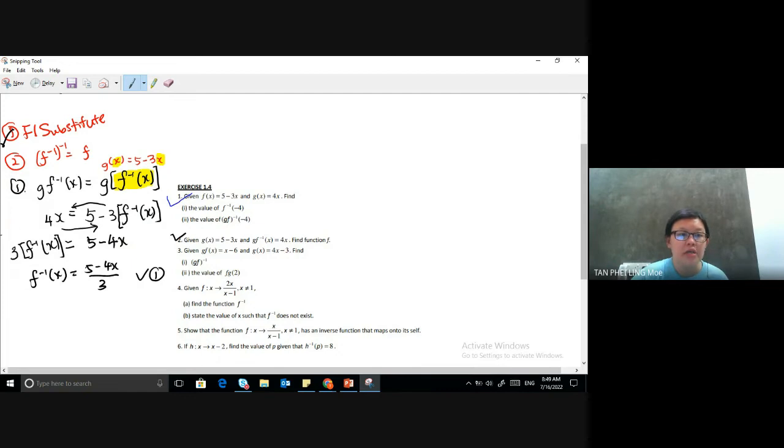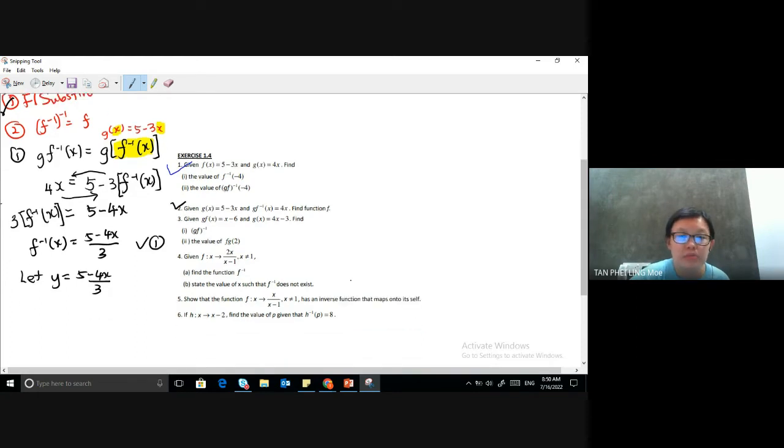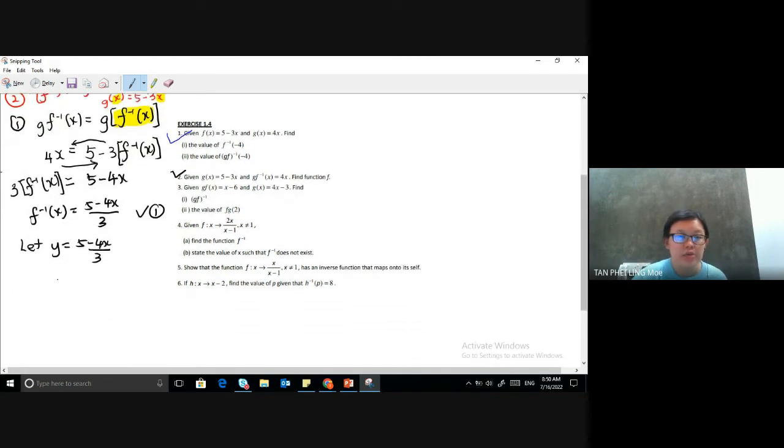Now I'm going to step 2, which is I'm going to find my inverse. Begin with y, end with x. So let y equal 5 minus 4x over 3. I'm doing my step 2 now. Then I continue, 3y equals 5 minus 4x.